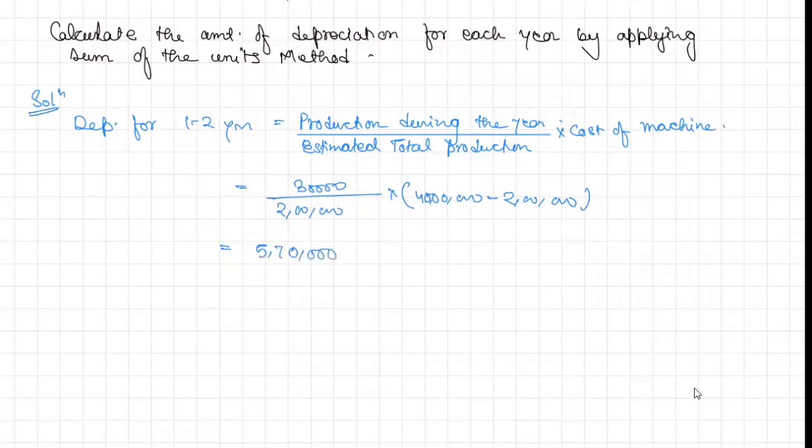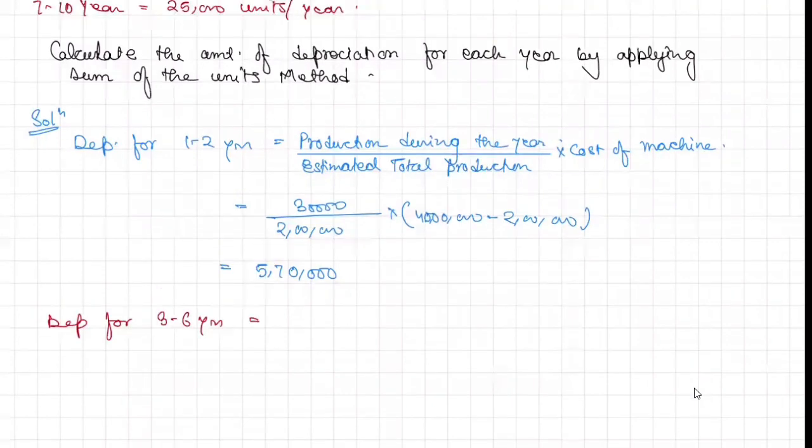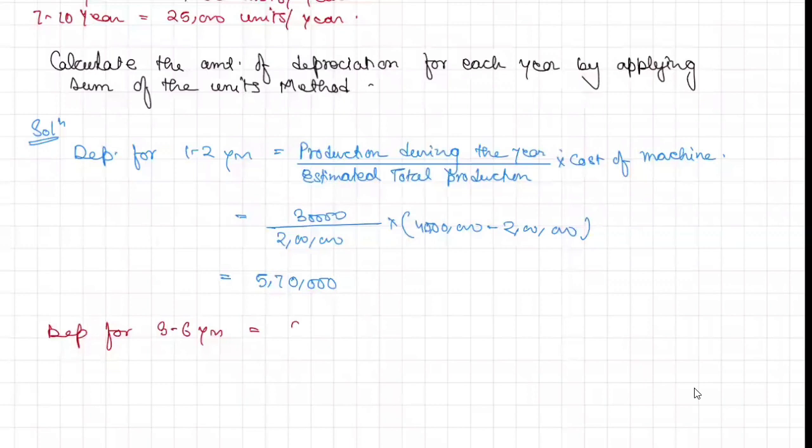Now, if I go to depreciation for 3 to 6 years, how many units have been produced? 20,000. Correct. What is the estimated production? 2 lakh units. And what is the cost? It is 38 lakh.